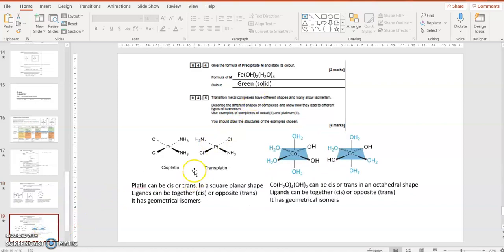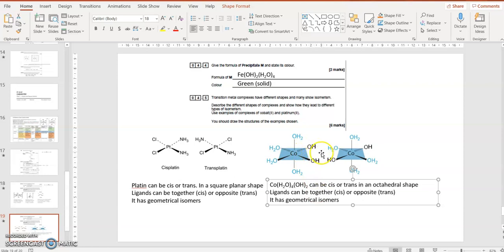And then there are others as well. I've done cisplatin and transplatin to show that it can be cis and trans, so those are geometrical isomers of each other, or you can call them cis and trans, or Z and E. And then finally I've done one with two OH- replacing two other waters, and you can have them together or opposite, and again that's a geometrical isomer, Z and E, Z being together and E being opposite, or you could say cis together and trans opposite.